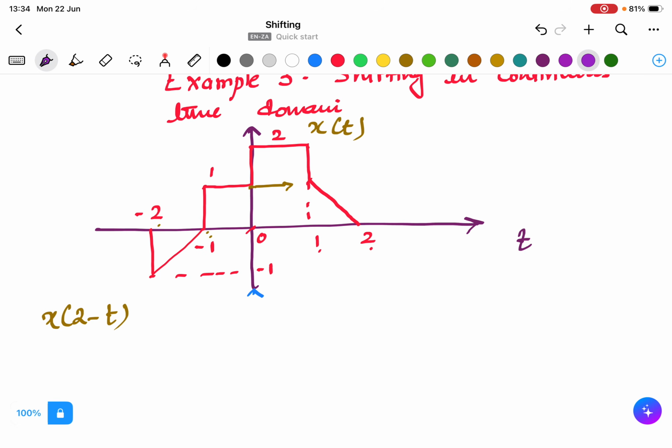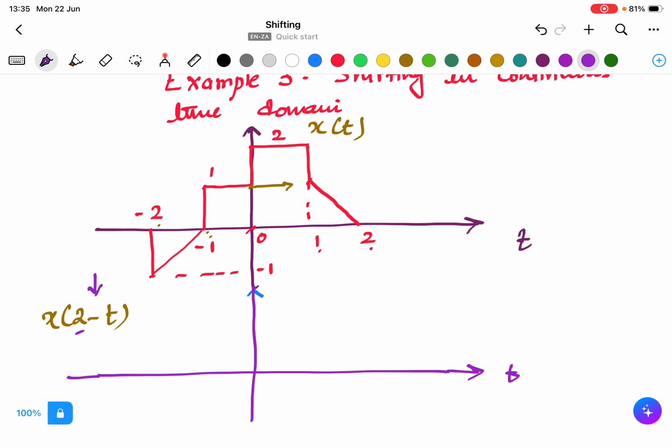So if we plot it, and if you remember the rule which I told you in the previous video, which says if there's a shifting and scaling, we will do the shifting first. So forget about the minus sign here. So what is the shifting you have? It's positive.